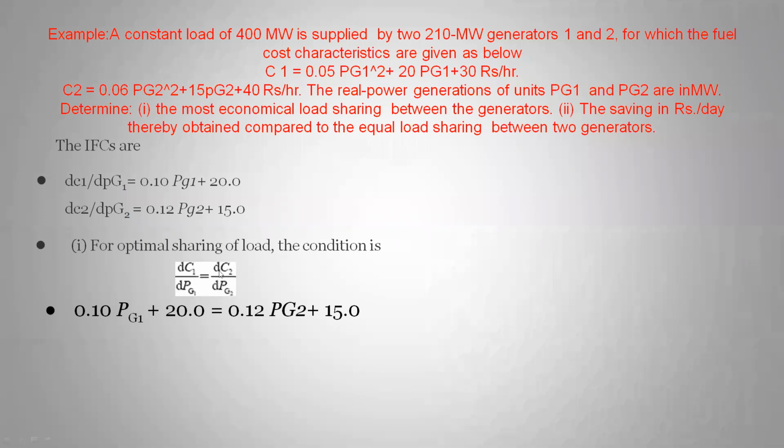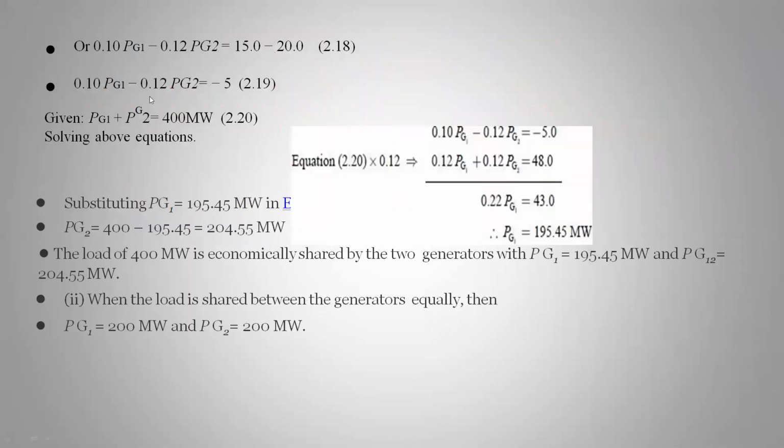For optimal sharing of load, the condition is the coordination equation: dC1/dPg1 is equal to dC2/dPg2. dC1/dPg1 is 0.10 Pg1 plus 20, and dC2/dPg2 is 0.12 Pg2 plus 15. Equating the two, we get 0.10 Pg1 minus 0.12 Pg2 equals 15 minus 20, which is minus 5.